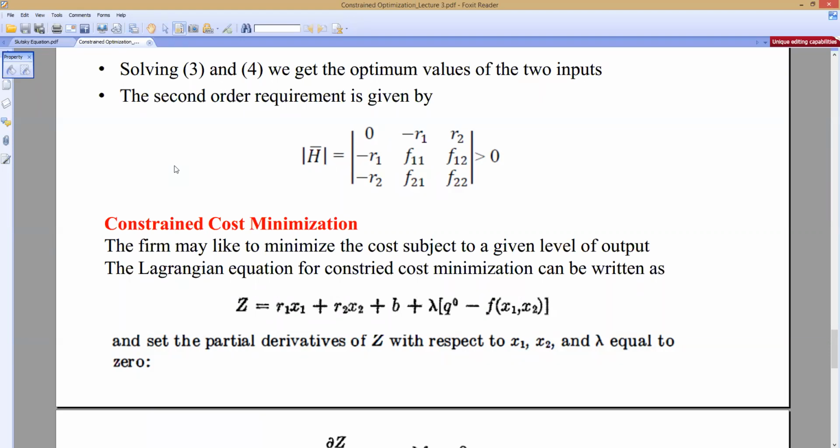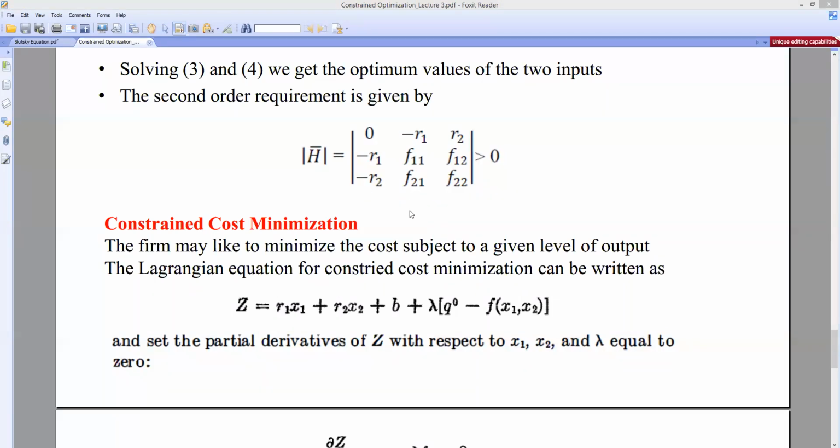Since here we have two inputs, the most relevant bordered Hessian is this 3 by 3 matrix. The first H1 bar, we do not need to check because that follows the default sign. Therefore, we start with the second one.